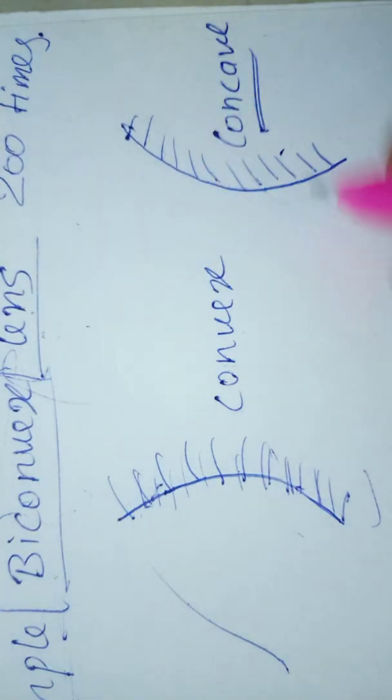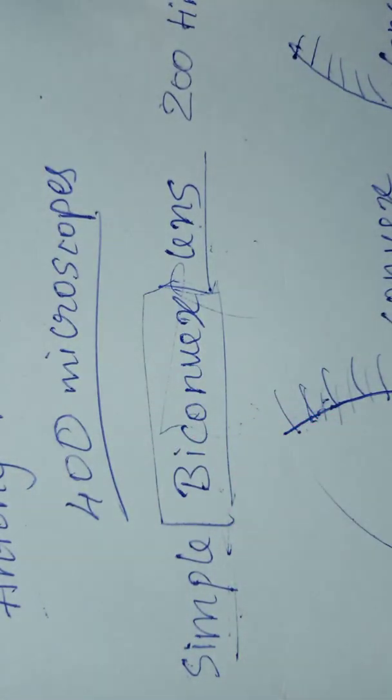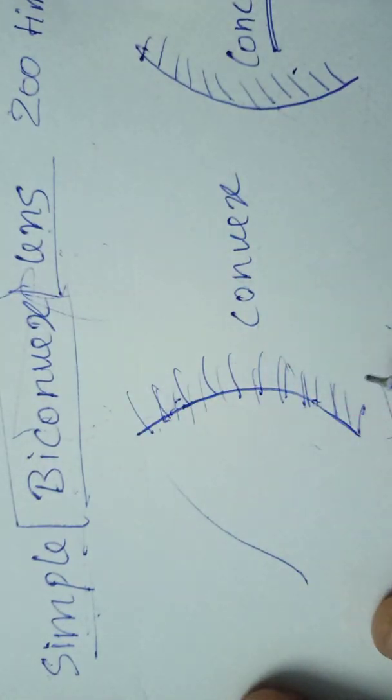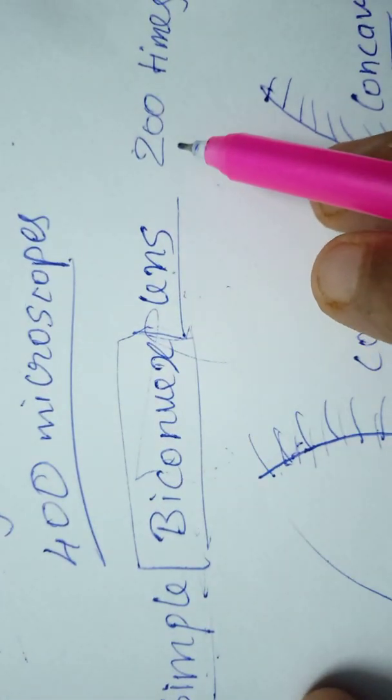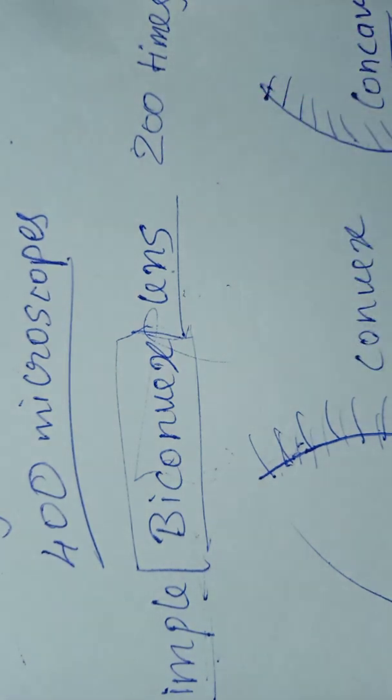Whatever the curve inside is known as concave, and the outer one is known as convex. Understood? So this lens is simple, it means only a single lens. He used only a single convex lens, which can magnify a microscopic thing up to 200 times.